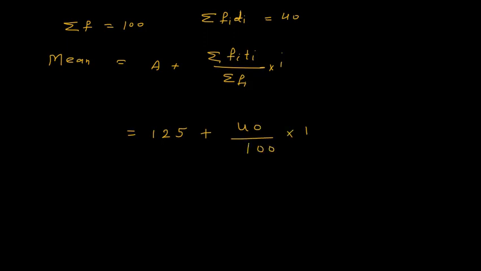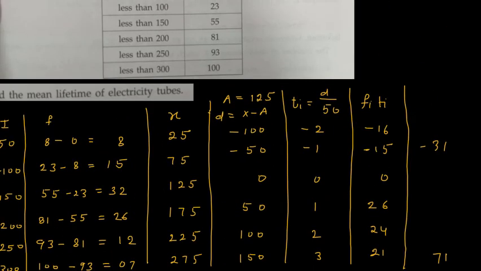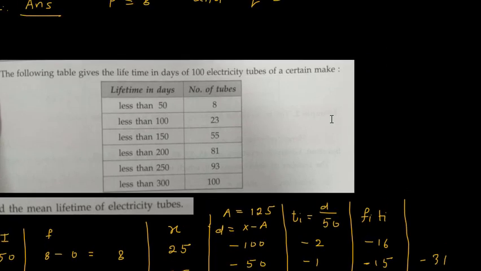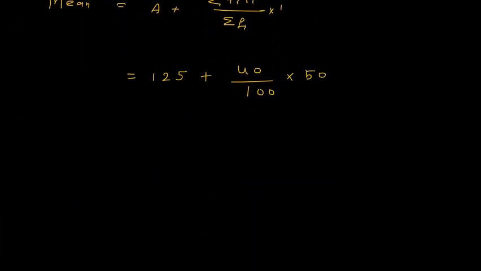Okay, with 50 we have multiplied. So this 0 we cancel, this we cancel, 5 twos are 10, so this is 125 plus 20. So 145 is your mean value, right?